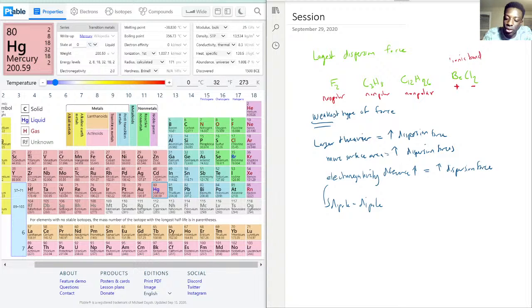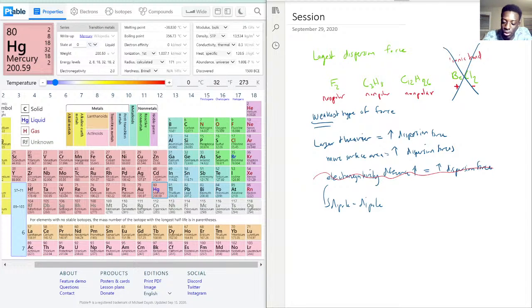This right here is no longer a dispersion force. That one is out. So now let's base it on these three, and let's review what I wrote about each one. So larger and heavier and more surface area, greater dispersion force. Everything is nonpolar, so that electronegativity difference we can just throw out. So we don't really need this part.